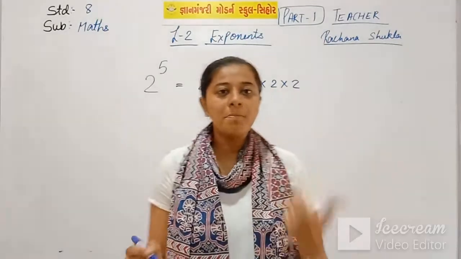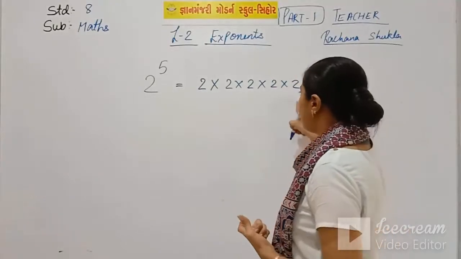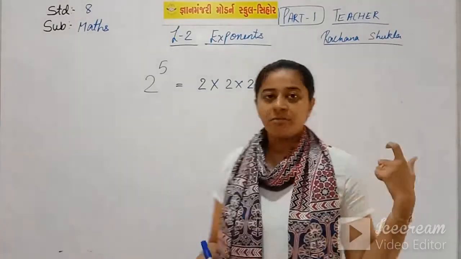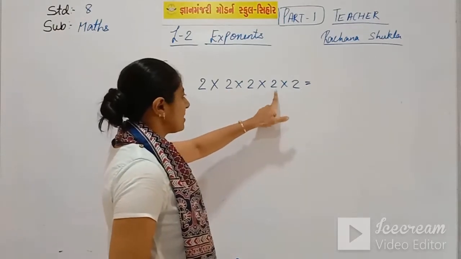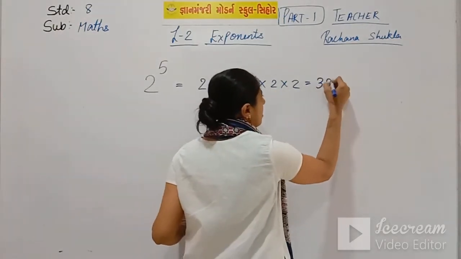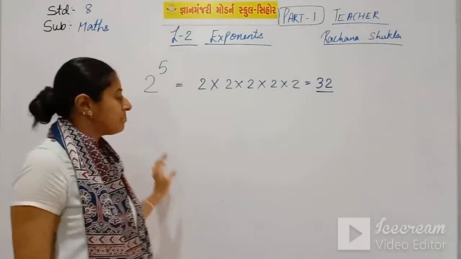That is, you have to multiply 2 five times and note down the answer. What will be your answer? 2 2s are 4, 4 2s are 8, 8 2s are 16, 16 2s are 32. This will be your answer.